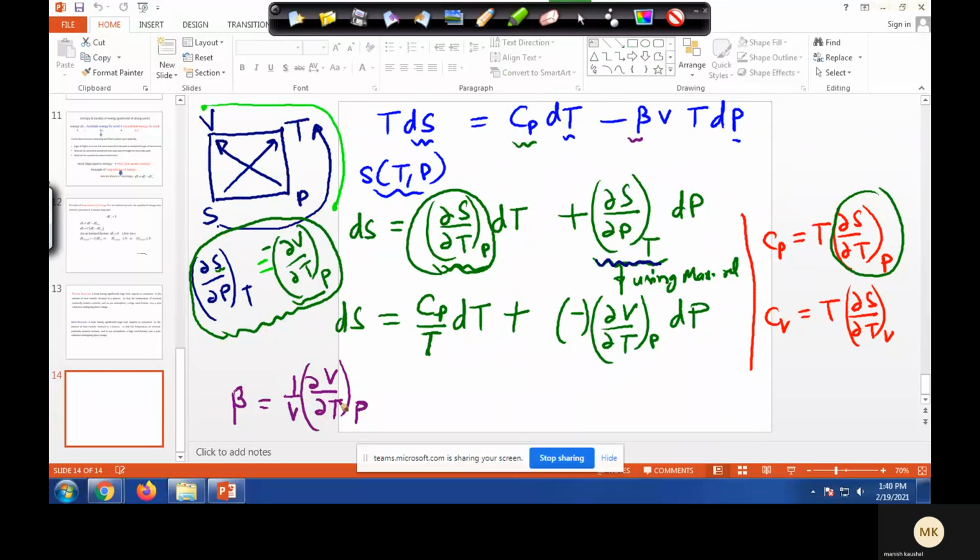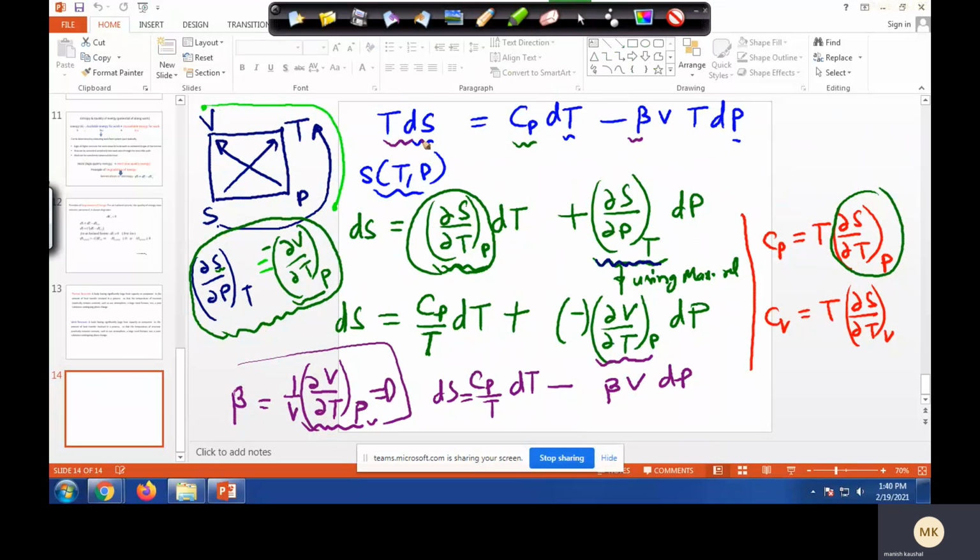Okay, so what we will get from here, you see, ∂V/∂T at constant P will give beta into V. So this expression we are getting as beta into V using this dP, and there is a minus sign. Cp/T dT is equal to dS, right?